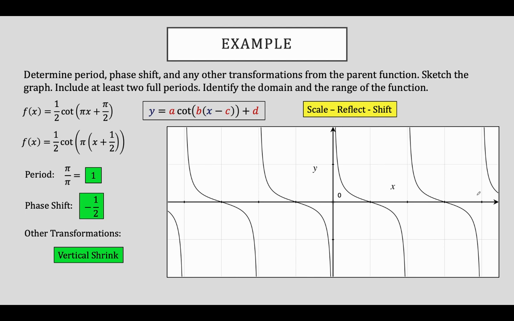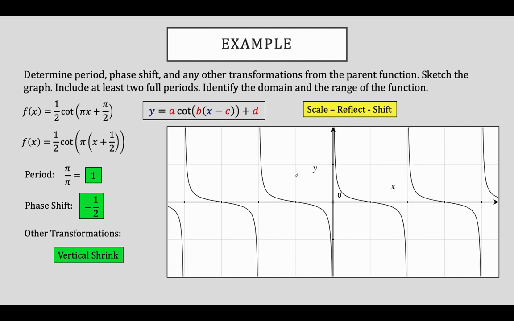So let's scale vertically, right? We're starting with A. We have a vertical shrink. That's going to pull all of the y values closer to the x-axis. Boom. There's our vertical shrink. Again, does your sketch have to perfectly demonstrate that vertical shrink? No. As long as you make sure you tell me that there is a vertical shrink occurring, you'll be in good shape. Okay, now let's do our horizontal scaling.